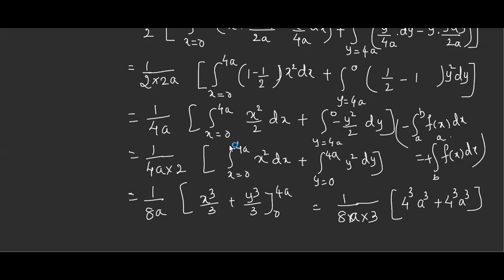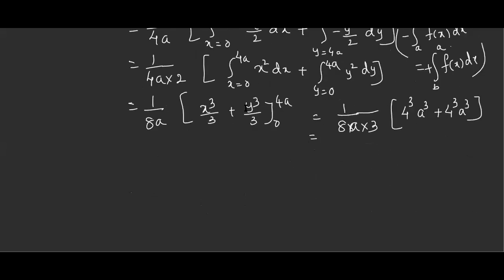Just do all the simplification. You can take 4 cube out, which is 64 a cube out. So 1 plus 1 means you will get 2. Very easy thing. 8a into 3, 8 ones are 8, 8 eights are 64. What is the answer? Yes, 16a square by 3.